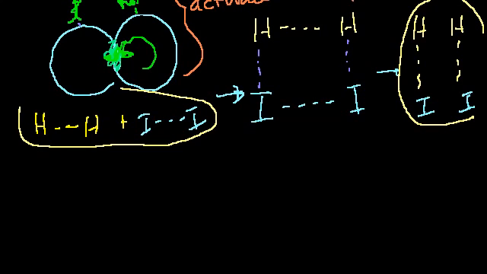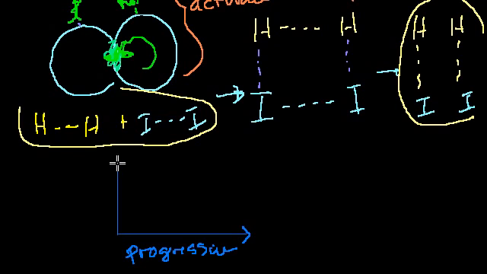So let's say the x-axis is the progression of the reaction. We don't know how fast it's progressing, but you can kind of view it as time on some dimension. And let's say this is the potential energy.